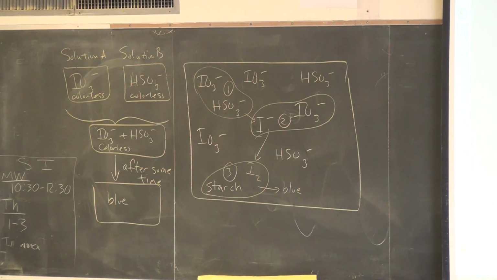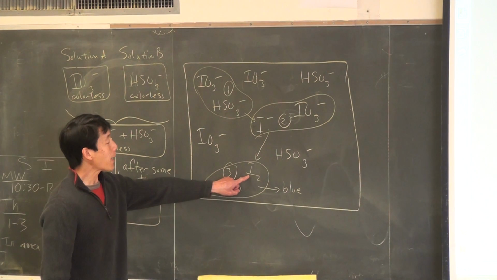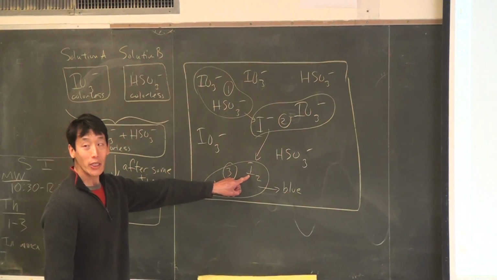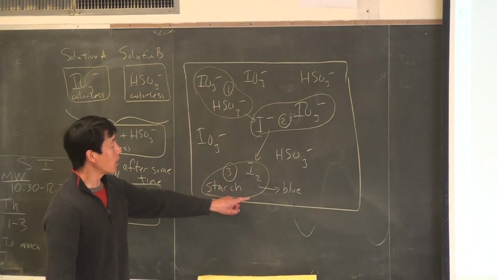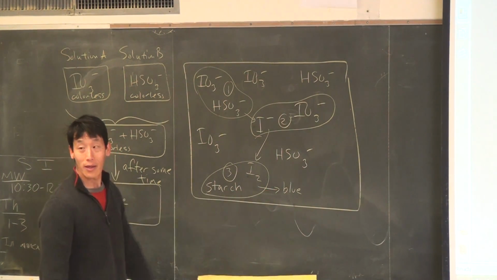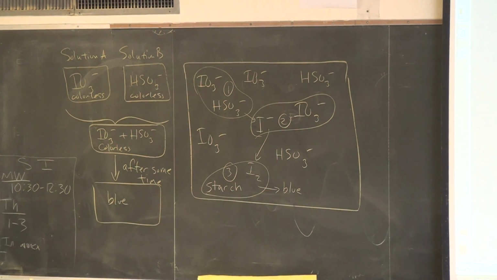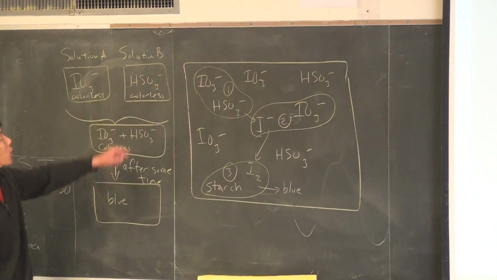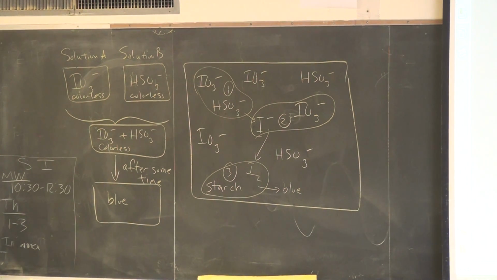Now, if reaction 3 is the fastest, that means that as soon as I2 is produced, it can react with the starch in solution, which will turn the solution blue. So if reaction 3 is the fastest, as soon as the IO3 minus and HSO3 minus solutions are mixed together, the solution turns blue.